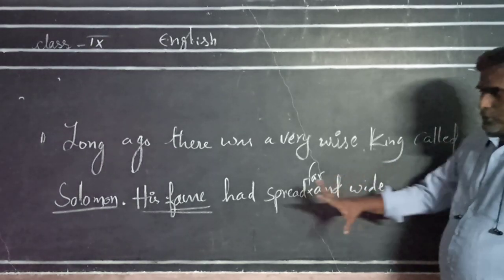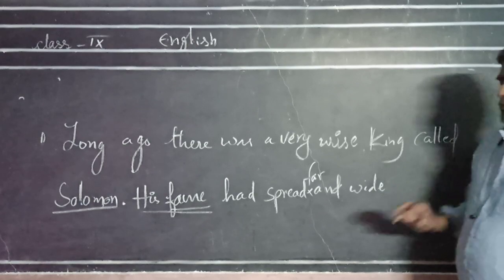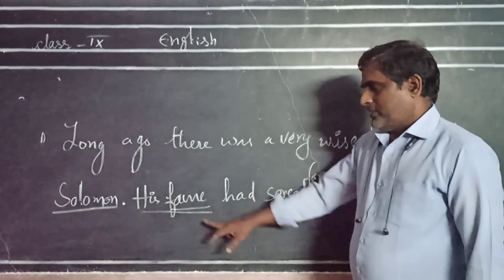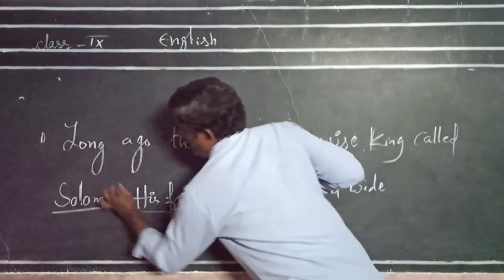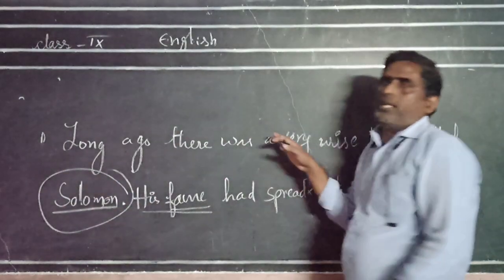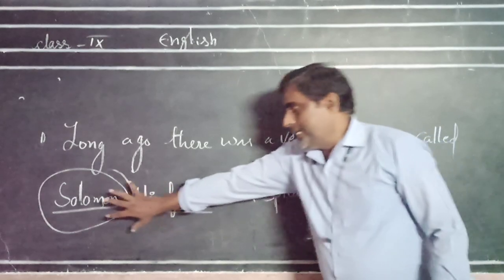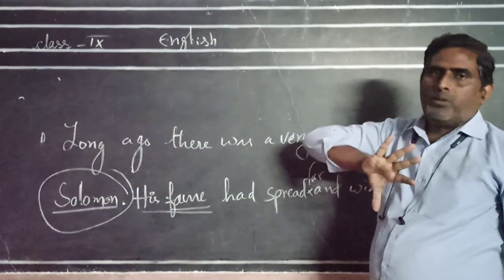Now there are two words underlined in this sentence. One is Solomon. The other one is fame. Now, this one comes as an answer. If you put a question, this would come as an answer.